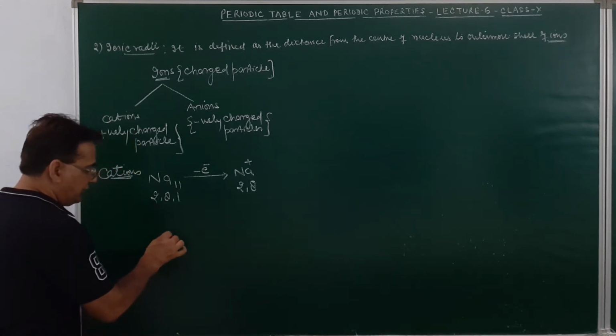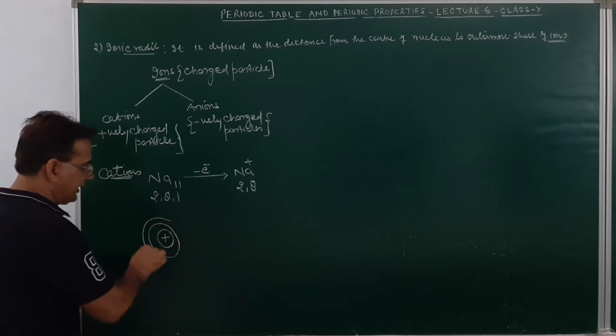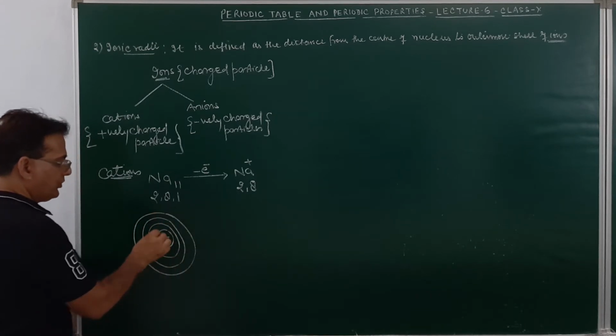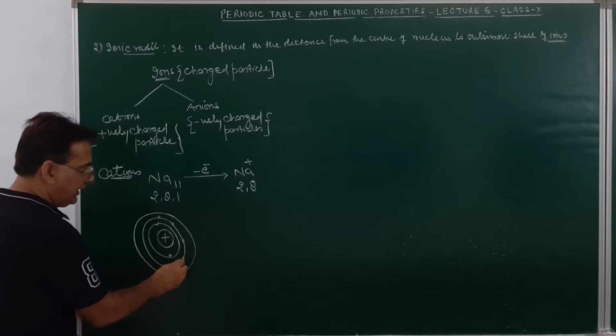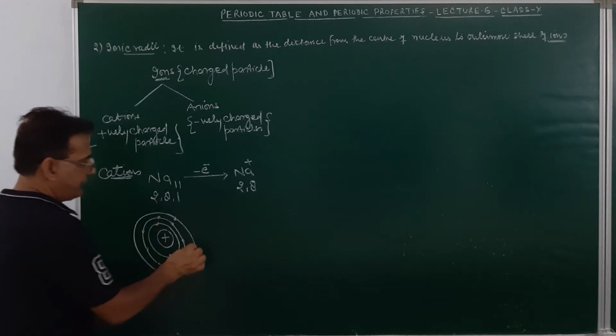You see over here, this is the nucleus. This is the first energy shell. This is the second energy shell. And how many energy shells are here? These are 3. There are 2 electrons over here. Here are 8 electrons. And this will be 1 electron.